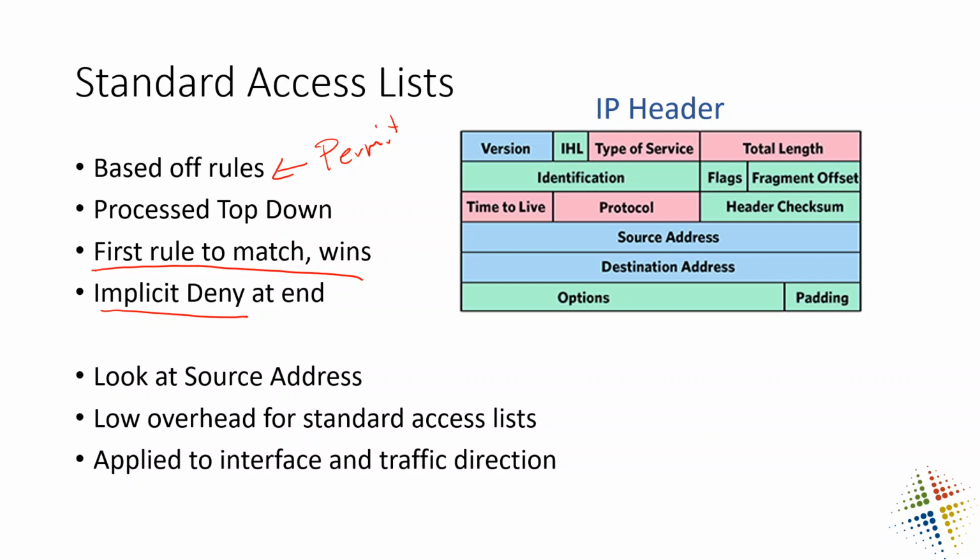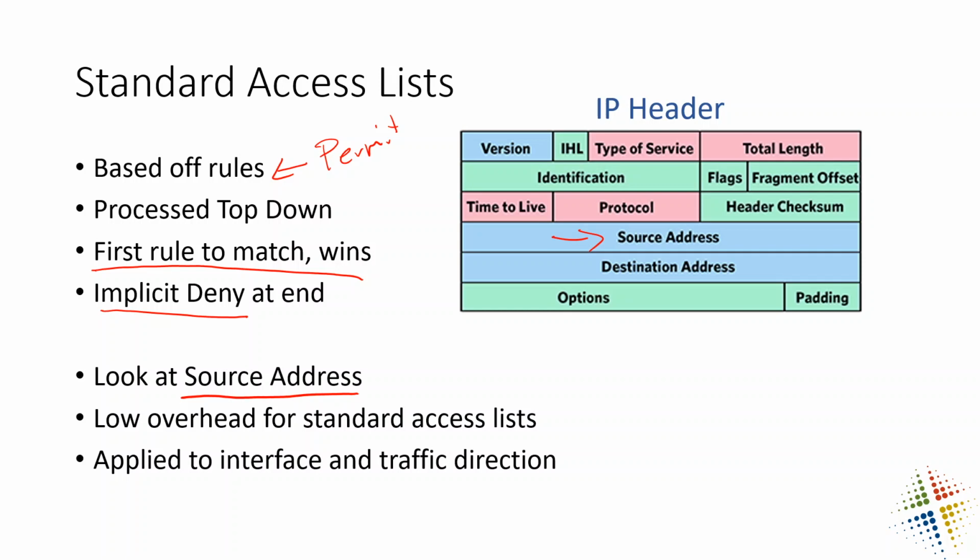Standard access lists, additionally, they only look at the source address. So here we have an IP header, and it's only this one little piece of information that is inspected with the standard access lists. And why would you do that? Why would you only look at one little piece of the IP header? Well, really, because it's very low overhead.